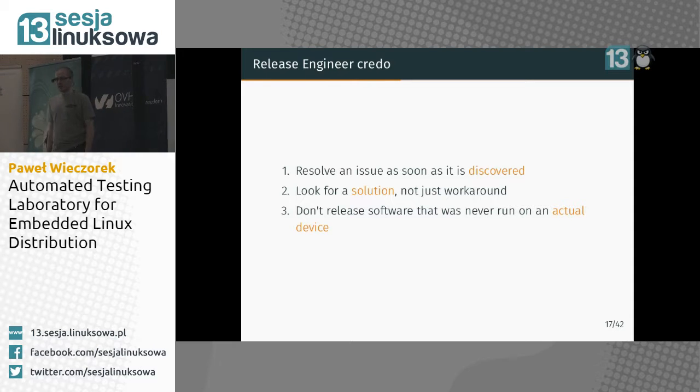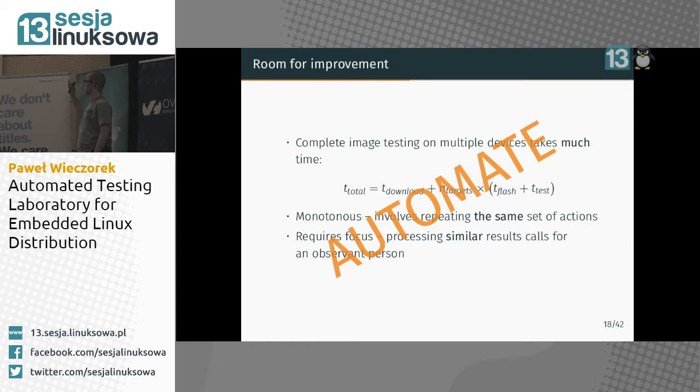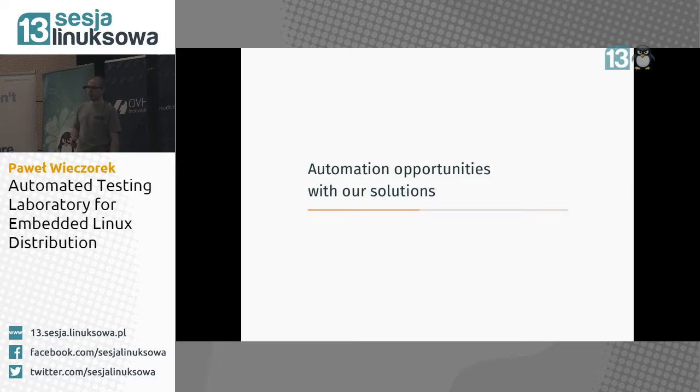So we decided that all those actions done on the images, which were our big headache, big problem, have to be automated. And that's what we did. But unfortunately, there were a few problems which we had to resolve while creating the automated testing laboratory.